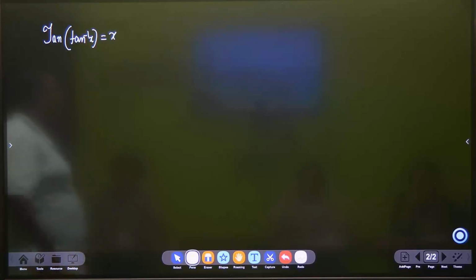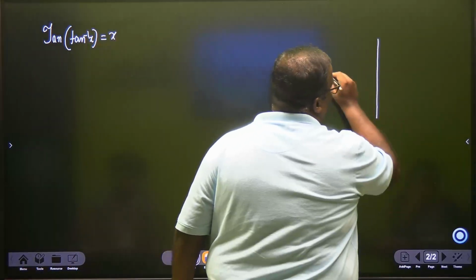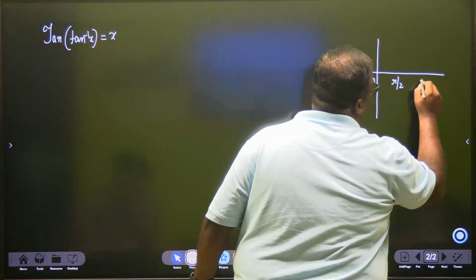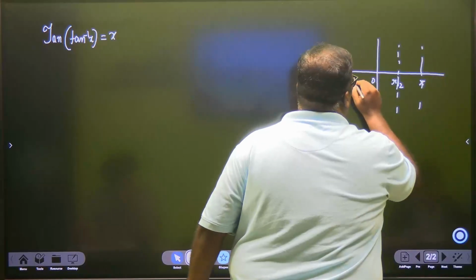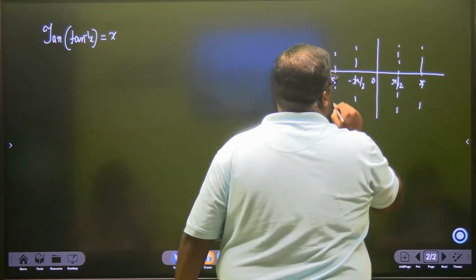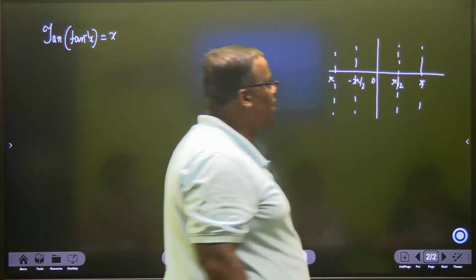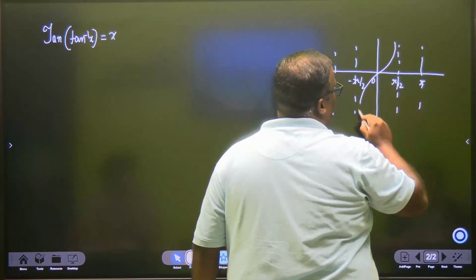If you still have doubt, look at the tan graph. So this is 0, pi by 2, pi, minus pi by 2, and minus pi. Sin 90 is 1, cos 90 is 0. So tan is never defined for pi by 2. The tan function is like this.